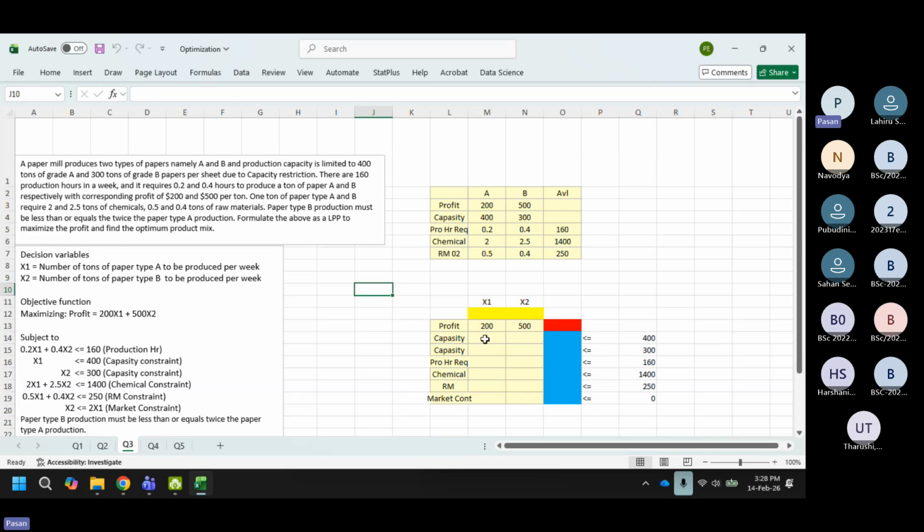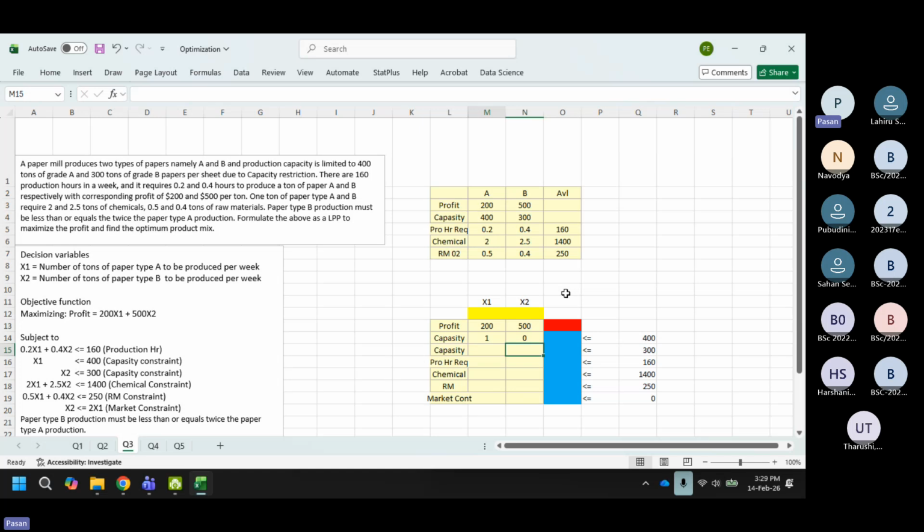And if I apply them into the Excel solver, I need to put the capacity, right? The capacities are 400 and 300 here. So x1 has to be less than or equal to 400, therefore this is 1 and this is 0.